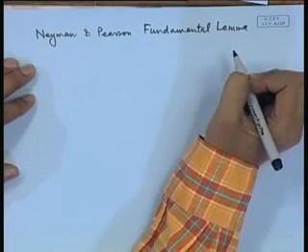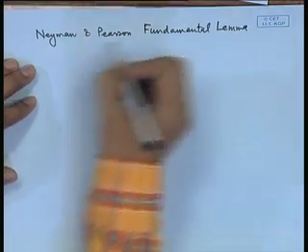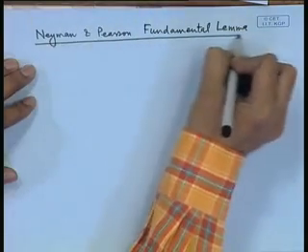Also it is called NP lemma. This fundamental lemma, which was given in 1933 by statisticians Jerzy Neyman and Egon S. Pearson, initially dealt with the case of simple versus simple.